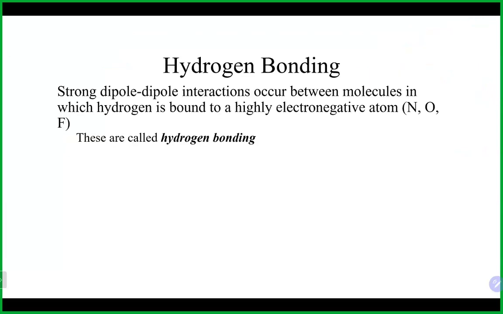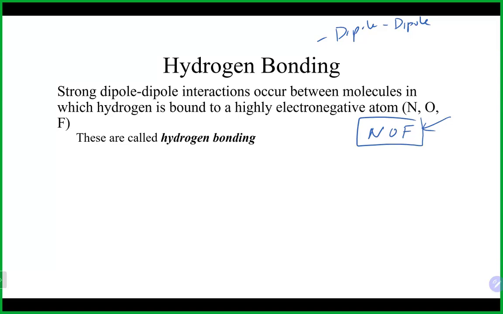Now, hydrogen bonding is really a special type of dipole-dipole interaction. It's really a part of dipole-dipole, but it's a much stronger interaction. Hydrogen bonding happens when we have a hydrogen that is directly bound to either nitrogen, oxygen, or fluorine. If you look at the periodic table, that is the upper right, and fluorine is our most electronegative element.